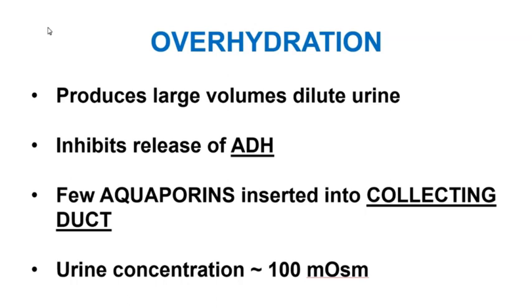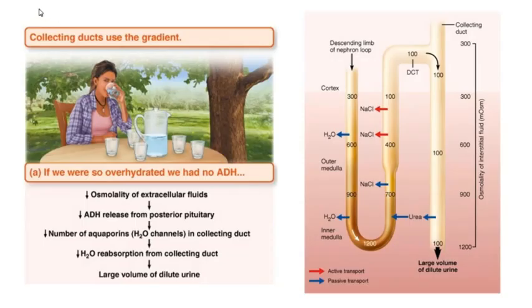So we've already pulled a lot of sodium out of it in the nephron loop, but any water that's remaining in the collecting duct will be very dilute. That is, it's not going to have a lot of solutes in it. It's going to be large volumes of it, and our urine concentration is going to be somewhere around that 100 milliosmoles that we talked about. So this is a very dilute, large volume of urine that our kidney is going to produce during overhydration.